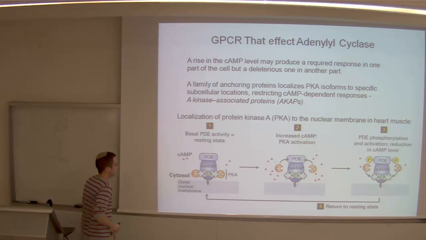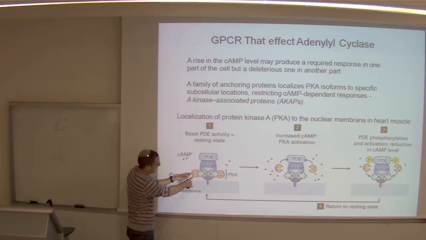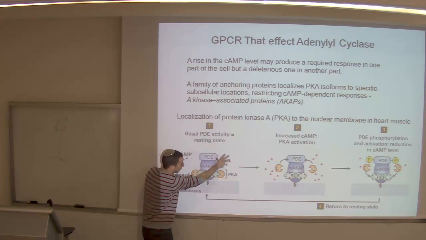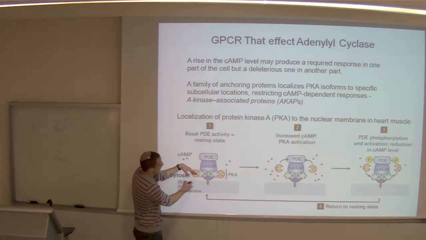So if you put these two proteins in the same vicinity, any increase in cyclic AMP levels will not be only limited to this region in the cell, but will also be temporally limited quite effectively.